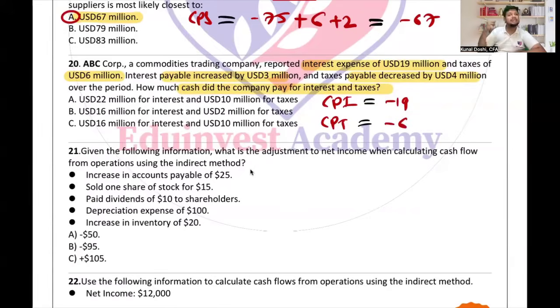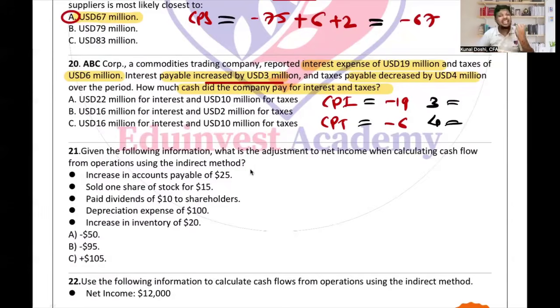Now I'll apply the same rule of increase or decrease in current asset and current liability. First of all, they said interest payable increased by 3. So I'll write down here 3 and taxes by 4. The important question is whether this is going to be plus or minus. So again, apply the same rule. Interest payable, which is a current liability, increase in current liability. It's like you borrowed more.